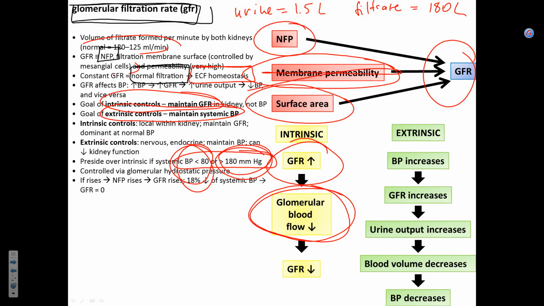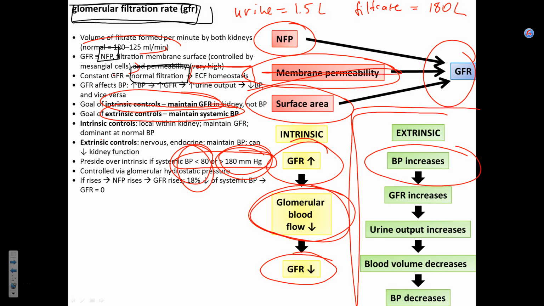When blood flow through the glomerulus decreases, GFR decreases back to normal.